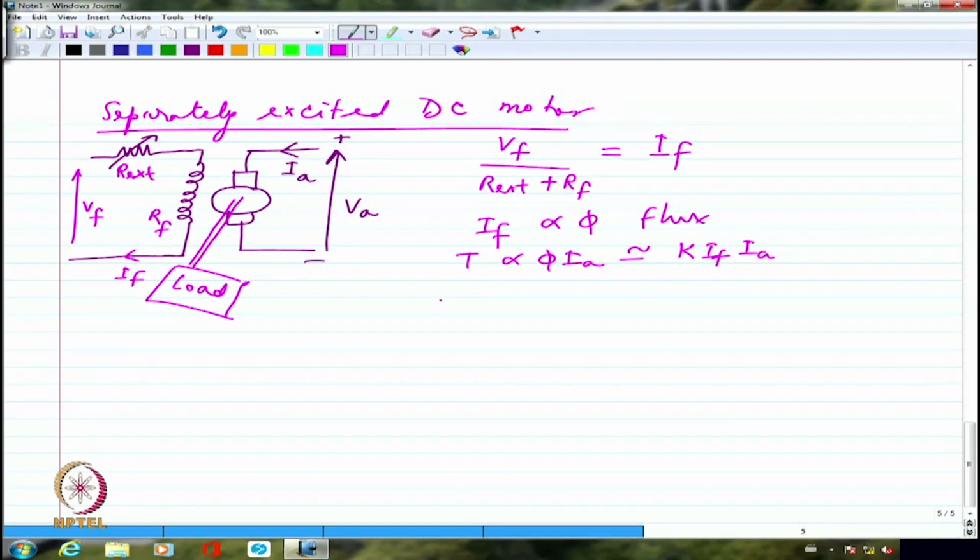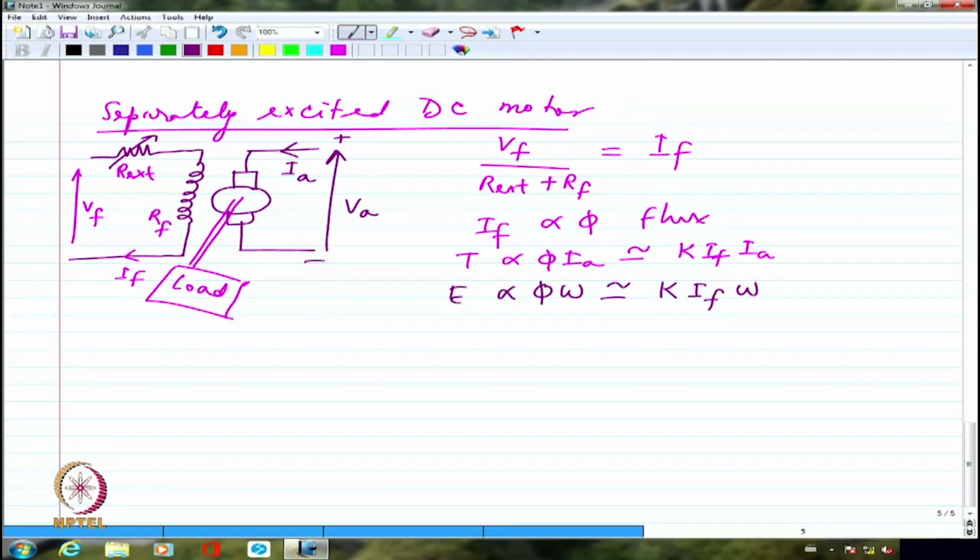One more equation we wrote for the DC machine in general is E is proportional to phi multiplied by omega. So I can write this to be approximately equal to K times maybe IF multiplied by omega, which indirectly tells me maybe I can have a control over the speed by adjusting probably the voltage, which is actually the back EMF. In this case, it's not really applied voltage.